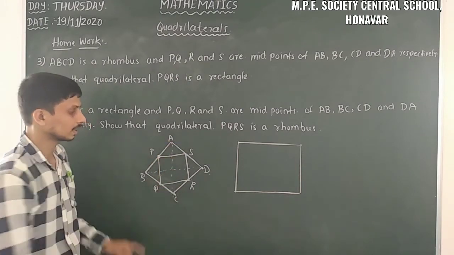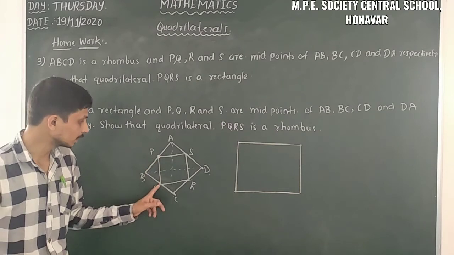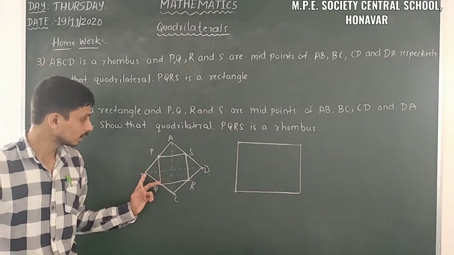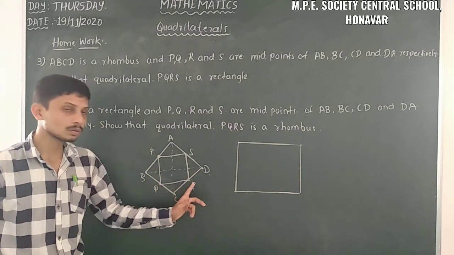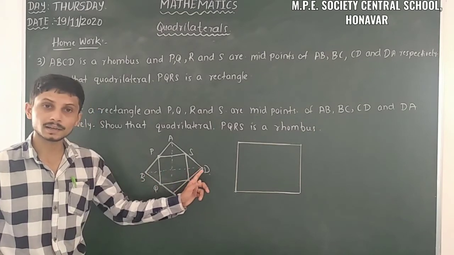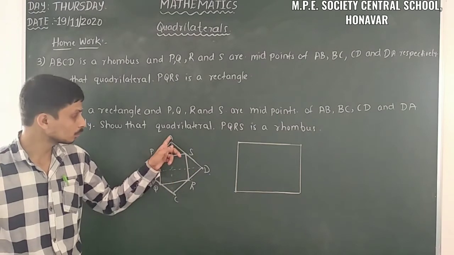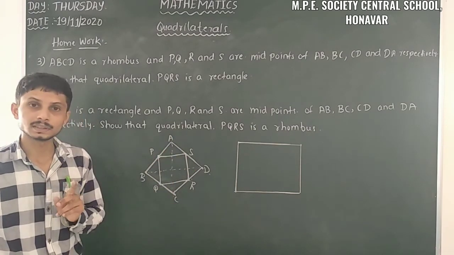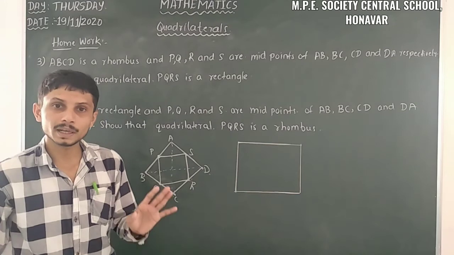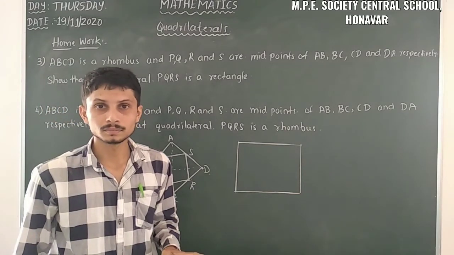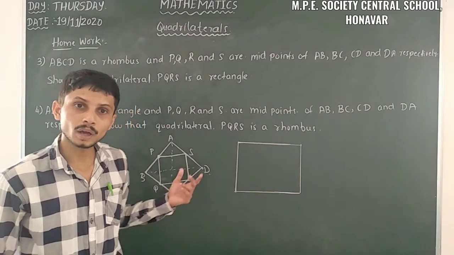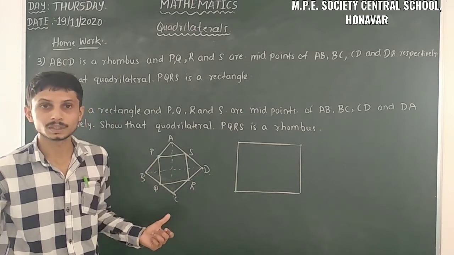For PS and QR, you have to use the diagonal BD, and for PQ and RS, you have to use the diagonal AC. So already you know about theorem 8.9, so you have to use this theorem here.